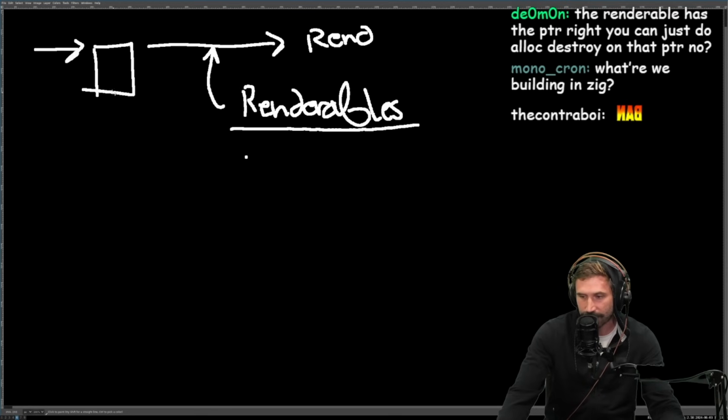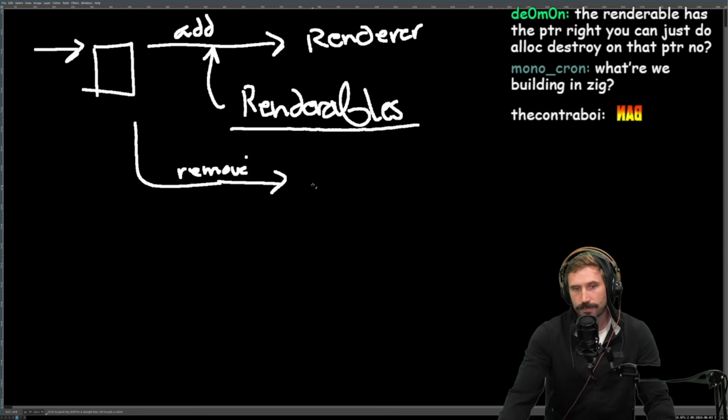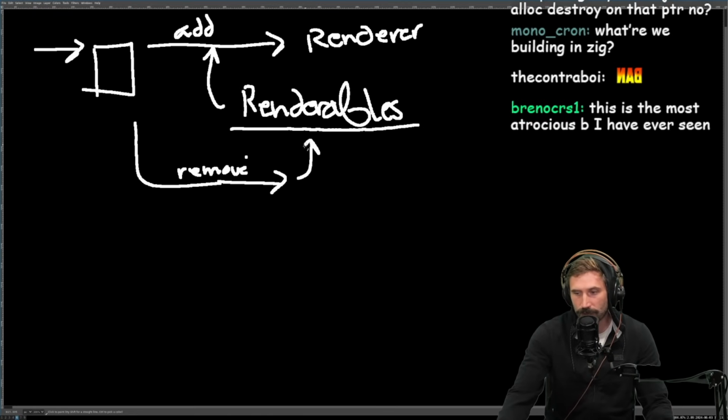This is how I create the interface. Wrap it and send it over to my renderer. Then I call add. And when I deinit it, I'm going to want to be able to call remove. So I call remove on this thing, remove it from here, and then I do the deinitting of any extra data that we need to do.